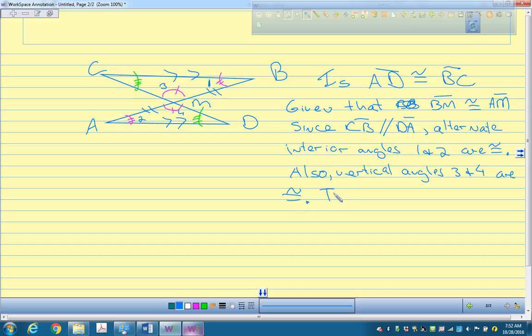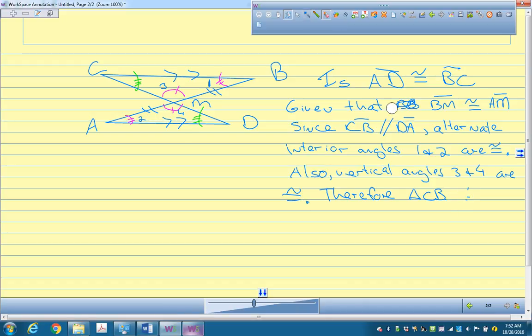Therefore, triangle, we'll call it CBD, is congruent, oh no, it's not CBD, sorry, CBM, is congruent to triangle, if I call this CBM, I have to go corresponding, DAM.